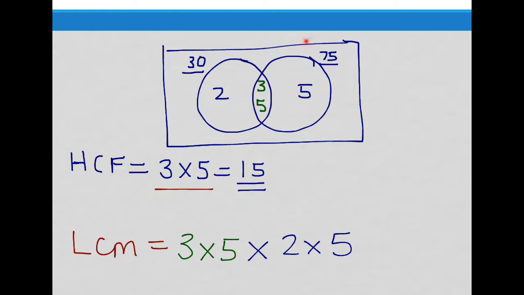It also must be a multiple of these numbers, which is 3, 5 and 5, because 3 times 5 times 5 is 75. So it must be a multiple of these numbers as well.